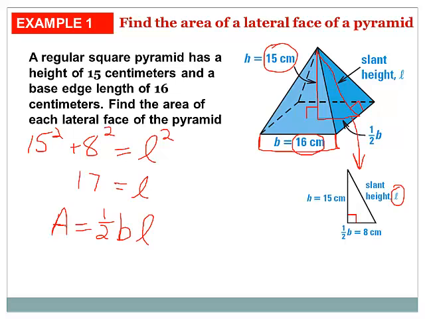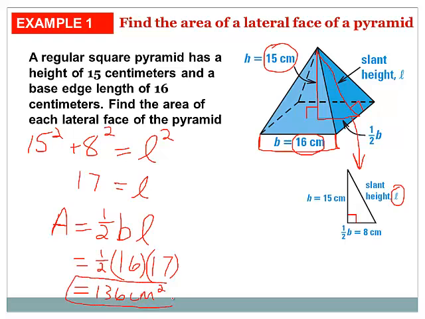And we are given all this information, so we have the area is equal to 1/2, and then the base of the entire lateral face, which is 16, and we'll multiply that by our slant height, which is 17. And after you multiply those all together, we will get 136 centimeters squared. We're finding an area, so remember, we have to square the units.